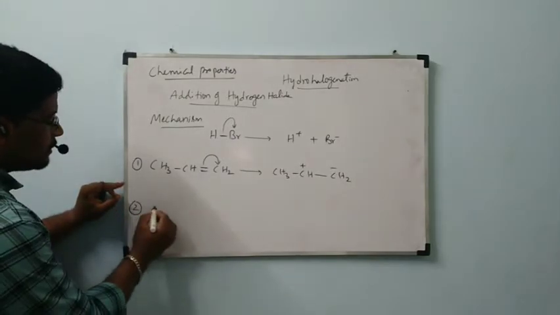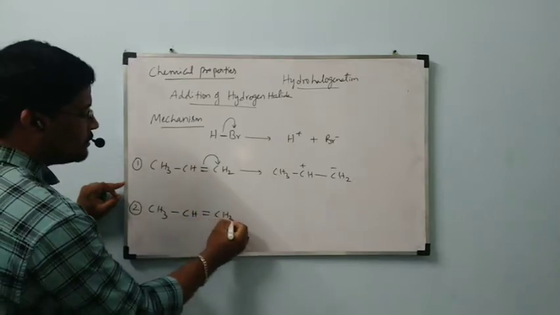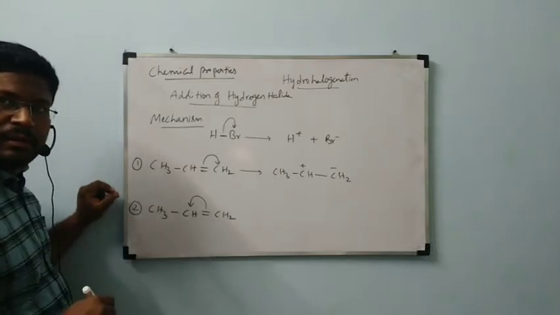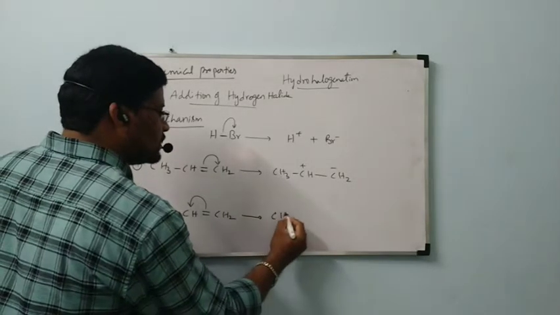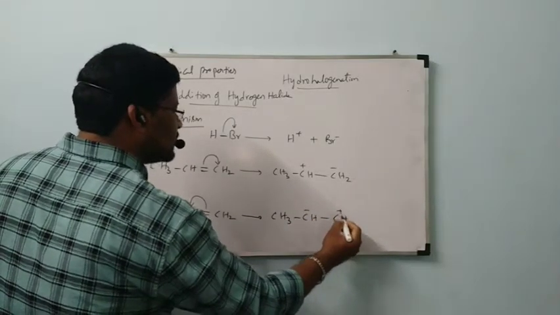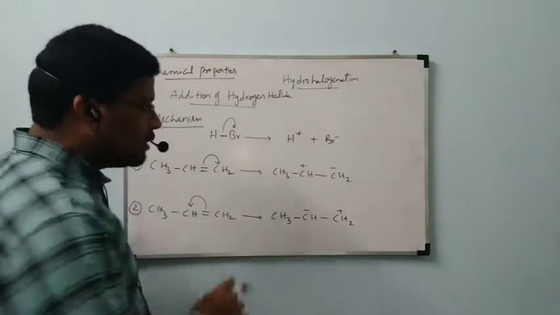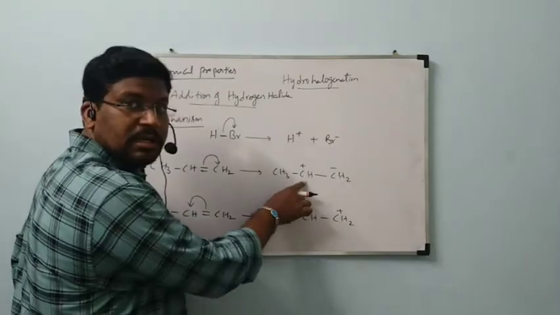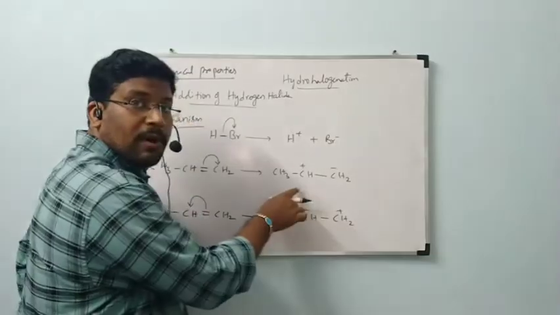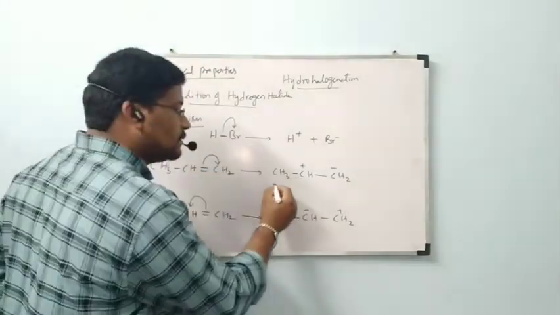Second possibility: CH3CH=CH2 can also be written like this, giving rise to CH3CH- CH2+. Observe these two carefully. Here the positive charge is present on the carbon which is bonded to two carbons. That is a secondary carbocation.